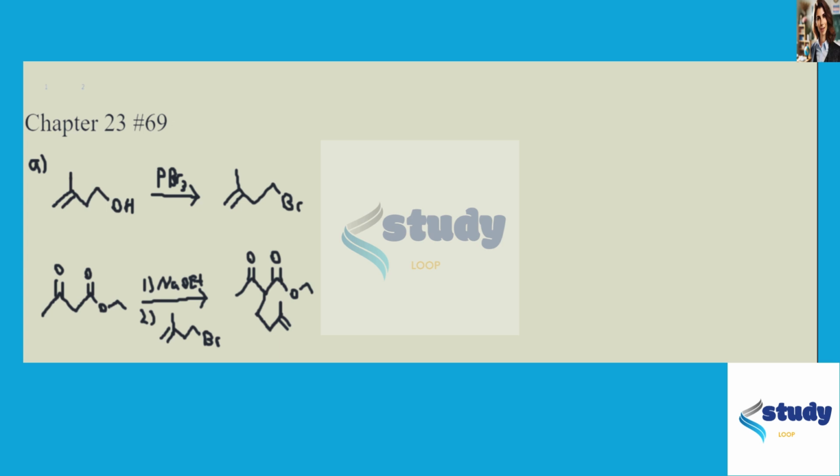Now we're going to need to decarboxylate. So treatment with some aqueous acid to hydrolyze the ester, and then heat to decarboxylate, and that is going to get us to here.